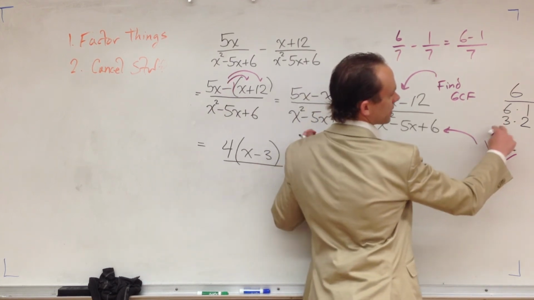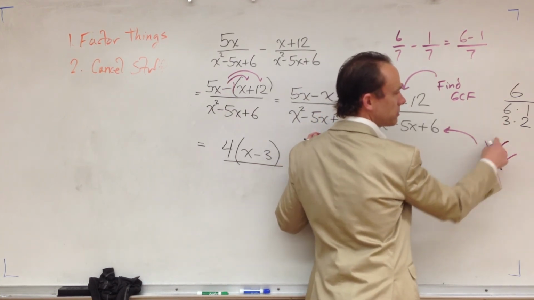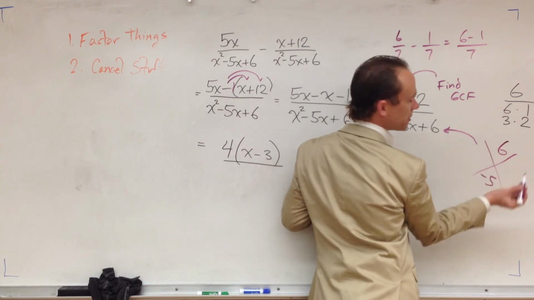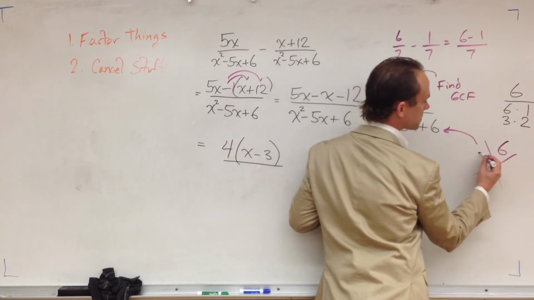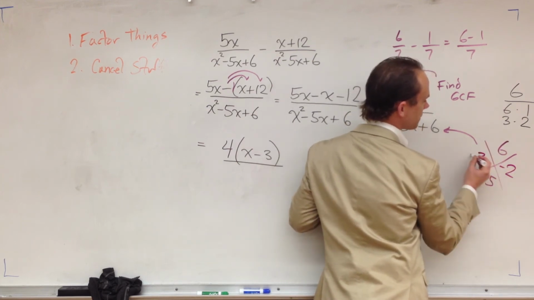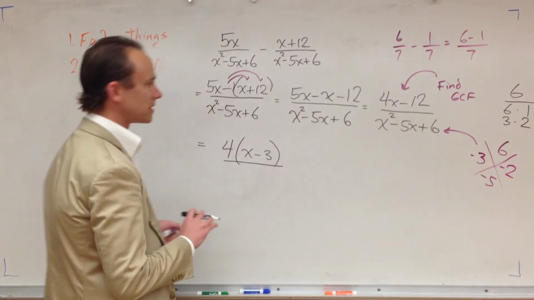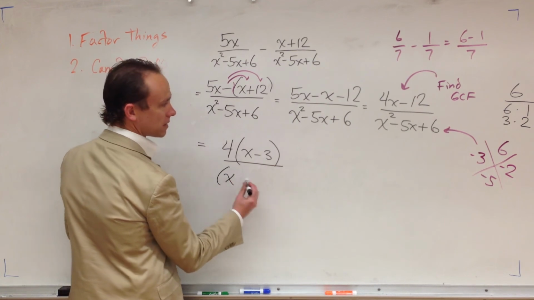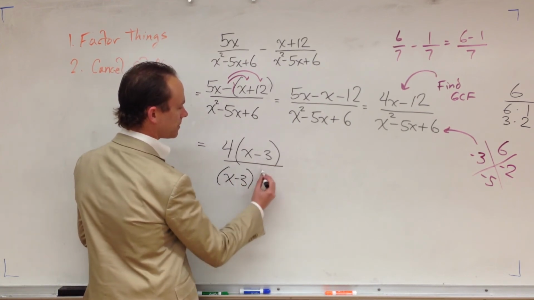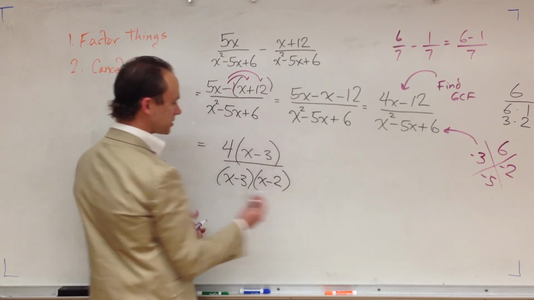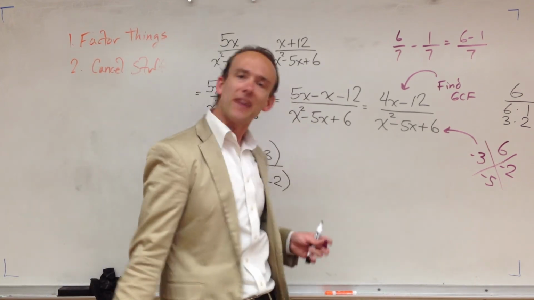But in order for you to multiply to get a positive, either they're both positive or they're both negative. So in this case, 3 and 2, if they're both negative, they add to negative 5, they multiply to positive 6. Okay, so we have x minus 3, x minus 2. Things have now been factored.